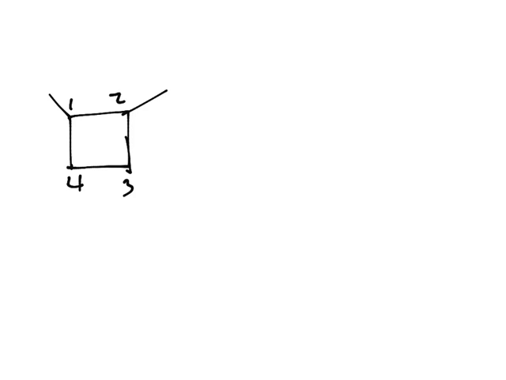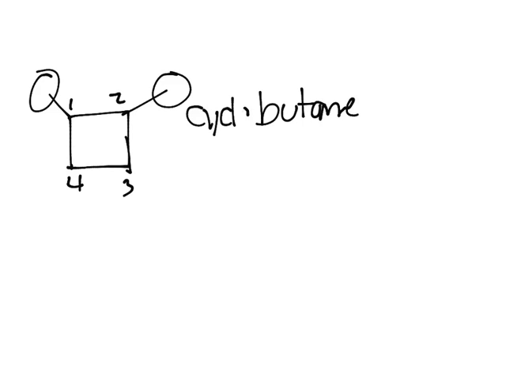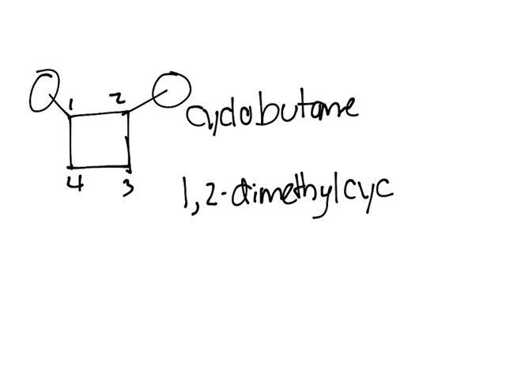And you want to number it so the substituents have the lowest number. And so this will be a butane, or cyclobutane. And then it would be 1, 2 dimethyl cyclobutane.